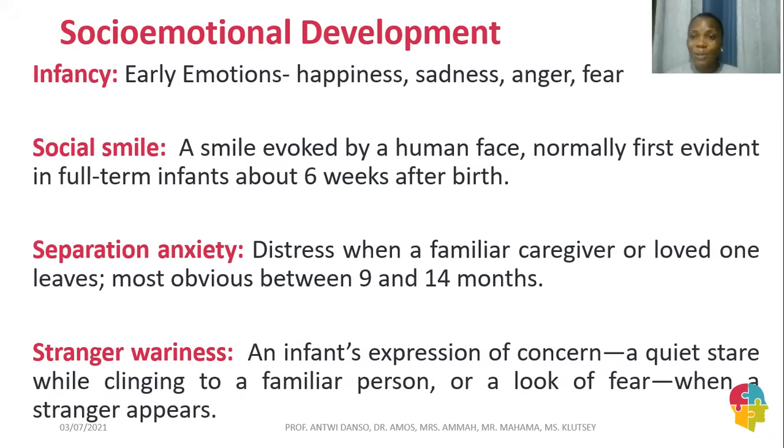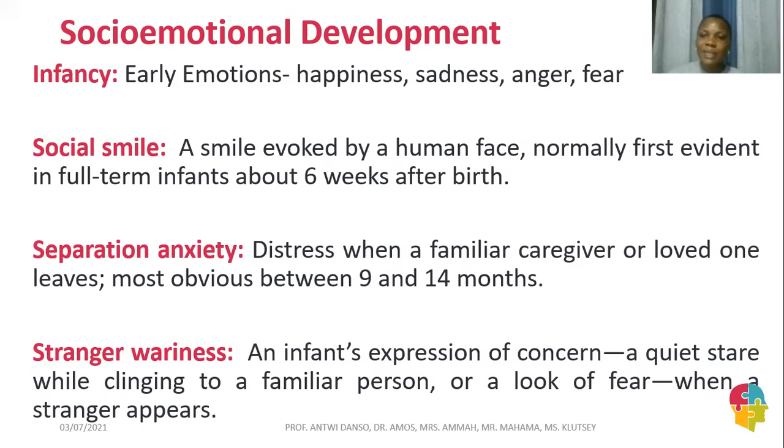Then we also have anxiety, separation anxiety. Infants are also able to show feelings of anxiety. And this is uneasiness, worry, or distress that a child has when a familiar caregiver or a loved one leaves or is no longer around. Usually, this starts between 9 to about 14 months.